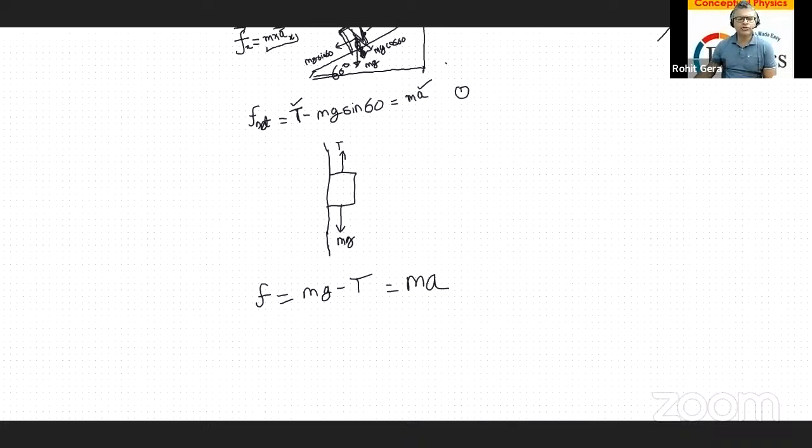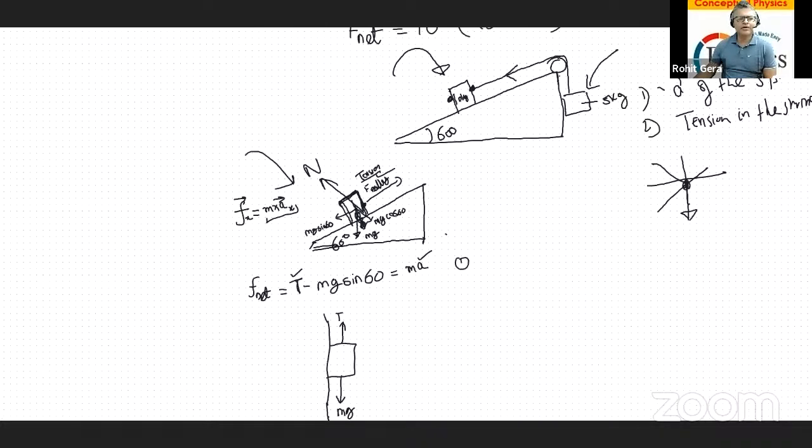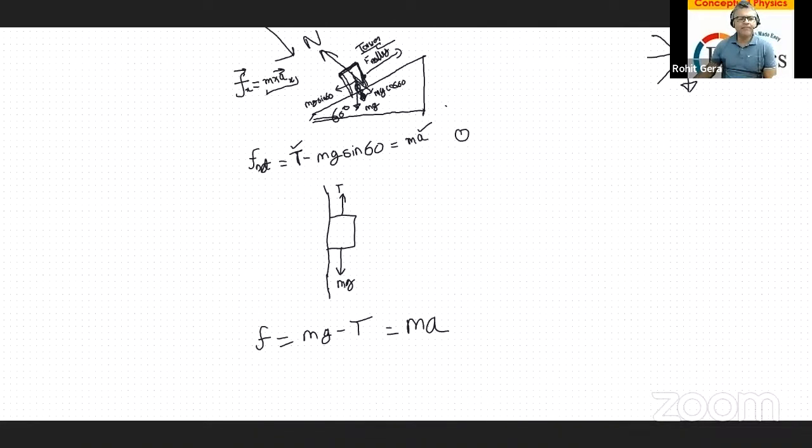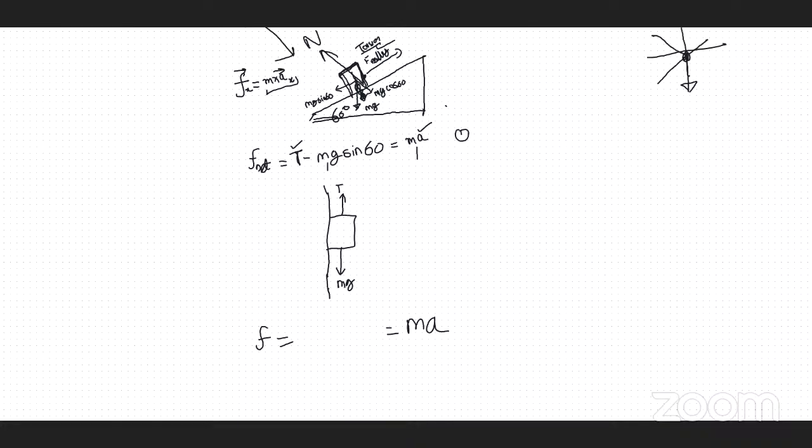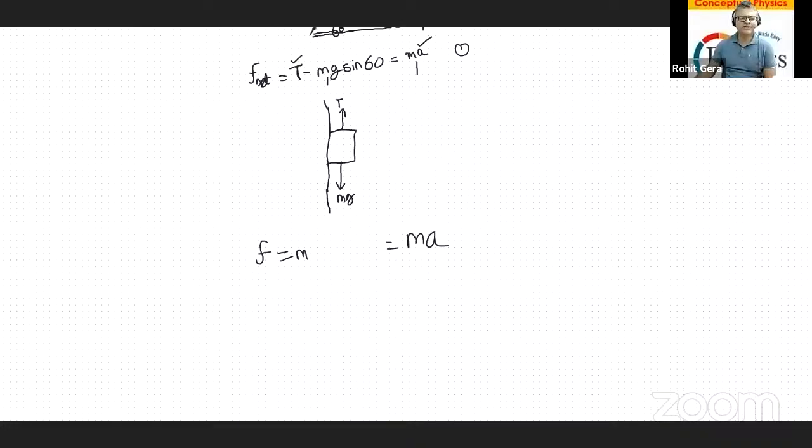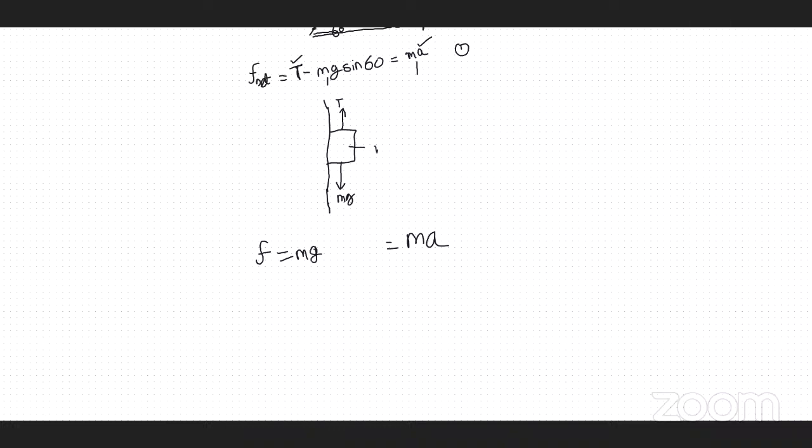Fair enough. So now you have two equations, but remember, you should have taken this to be not m, but a different m. The masses are different. So you could have either written m1 here, and in the second equation, you could have used m2, so that the subscript is clear to the reader. m2g. Correct?